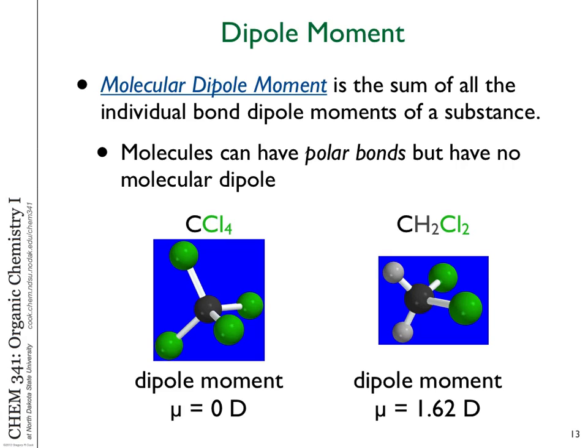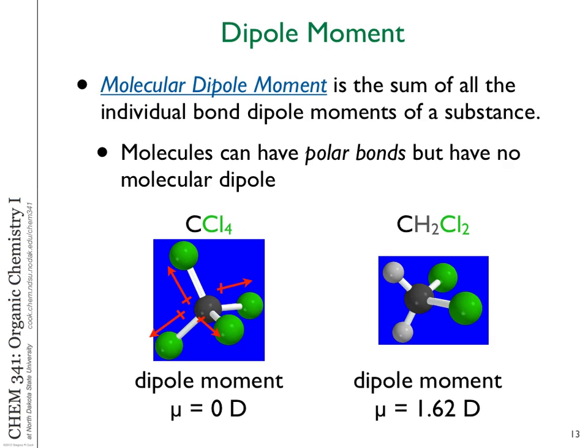Carbon tetrachloride is a tetrahedron, and each of these carbon-chlorine bonds are polarized bonds because the carbon is less electronegative than chlorine, right? So each of these has an individual dipole moment for the bond, with a plus charge nearer to the carbon, the electron density closer to the chlorine, and so we draw that dipole moment indicated by an arrow in that direction.